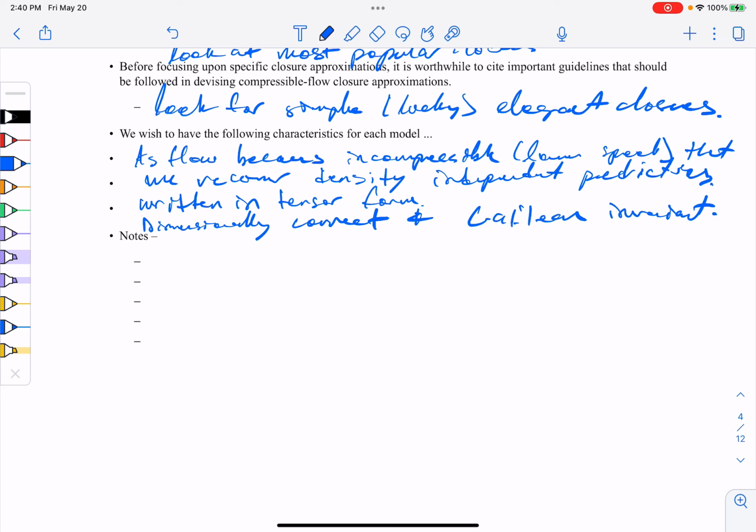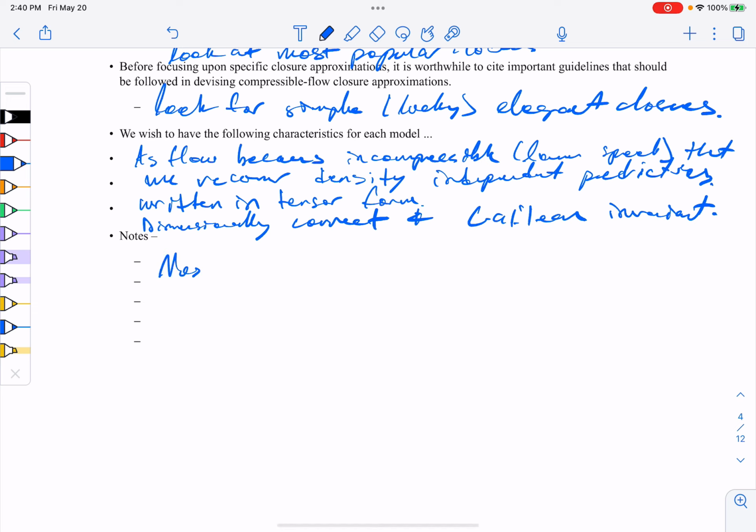Now, generally in practice, Galilean invariance can be ignored by some people, especially for compressible flows. But we would reject those models because that is actually a fundamental feature of the original Navier-Stokes equations. And we would want to preserve that so that we have physical results.